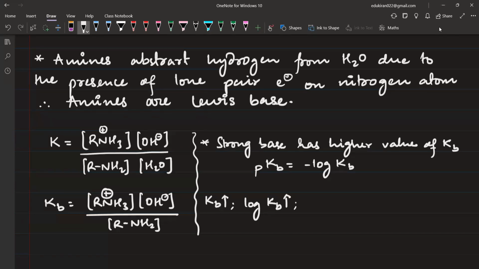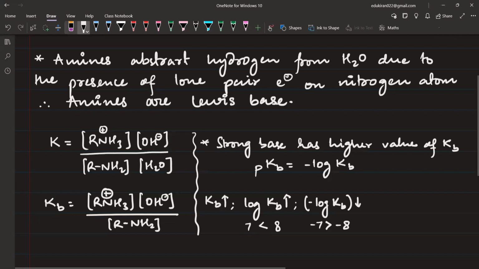And since log of Kb is high, then the negative log of Kb will be lower, right? Because if I compare 7 and 8, obviously 8 is greater. But if I compare -7 and -8, then -7 is greater. So minus log Kb will be low if the Kb is high. And minus log Kb is nothing but pKb, so pKb will also be low.